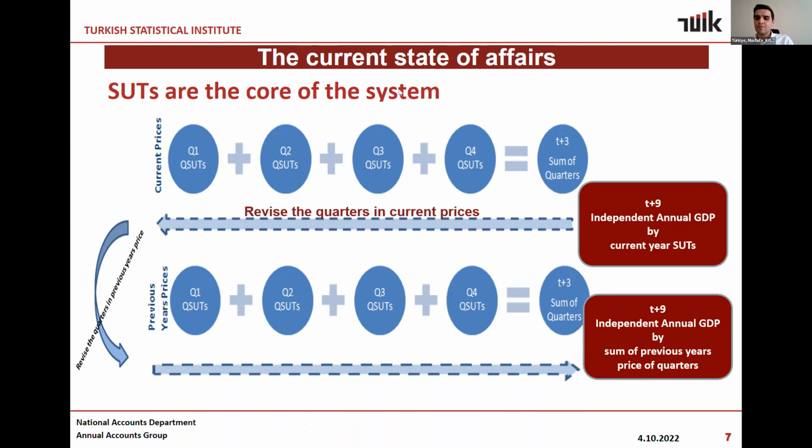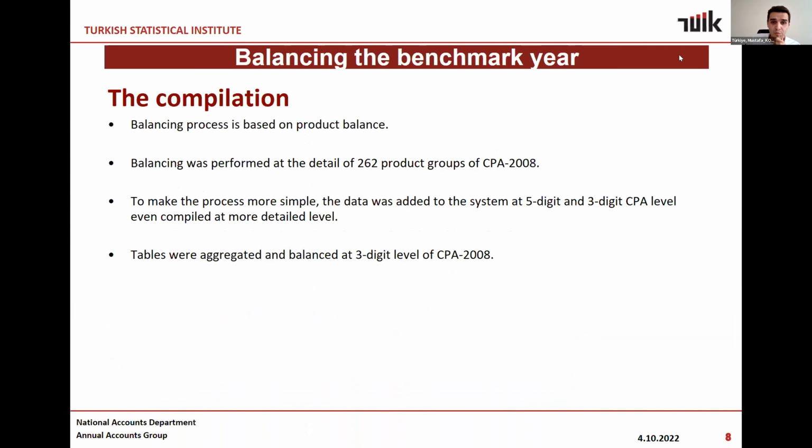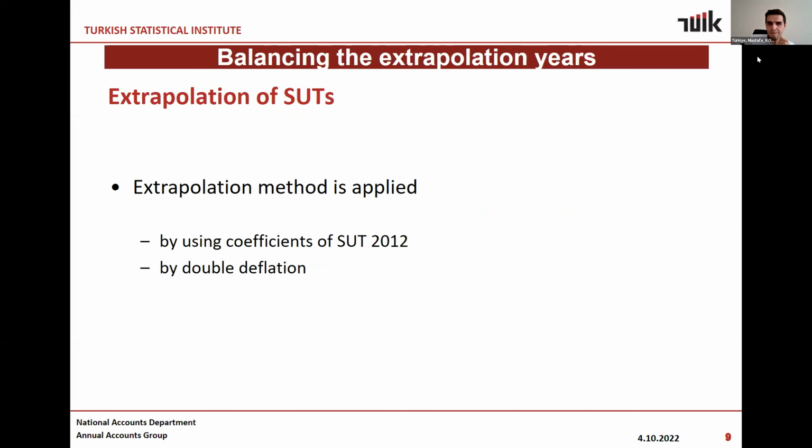On the compilation side, we have a balancing process based on the product balance. Balancing was performed at as much detail as possible. To make the process simpler, data was added to the system at 5-digit and 3-digit CPA level. Tables were aggregated and balanced at 3-digit levels for CPA.